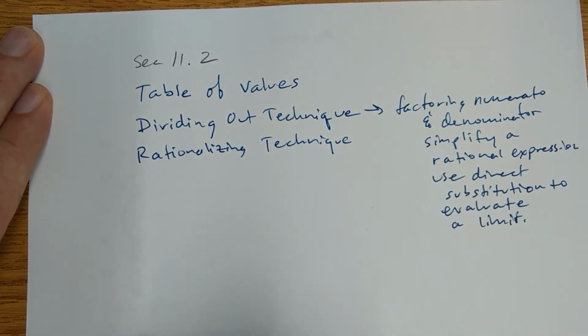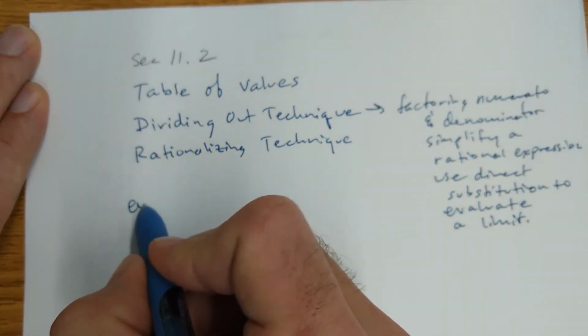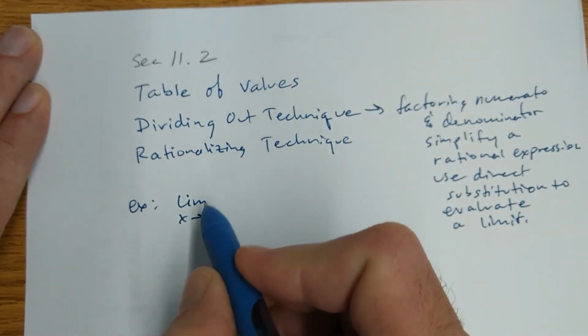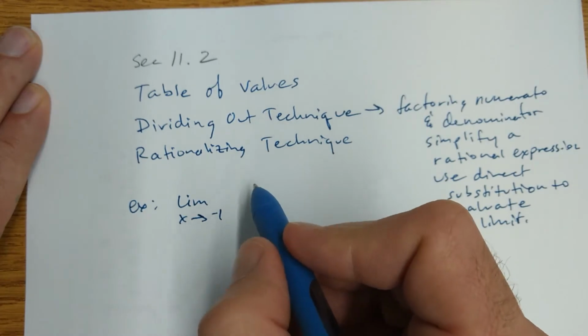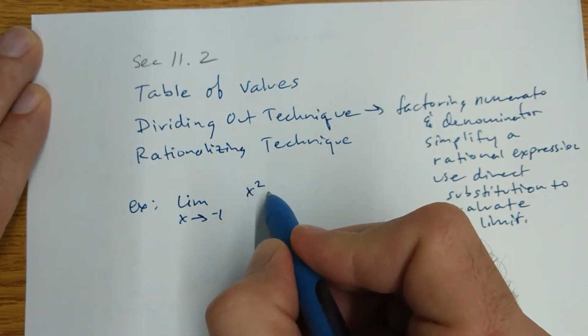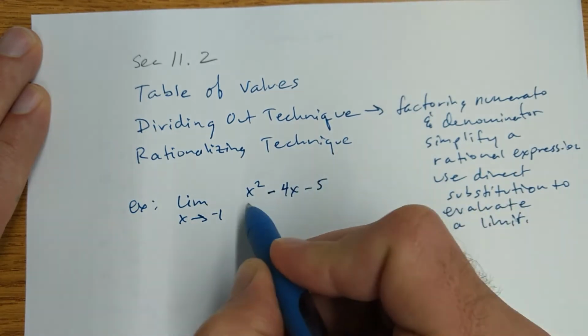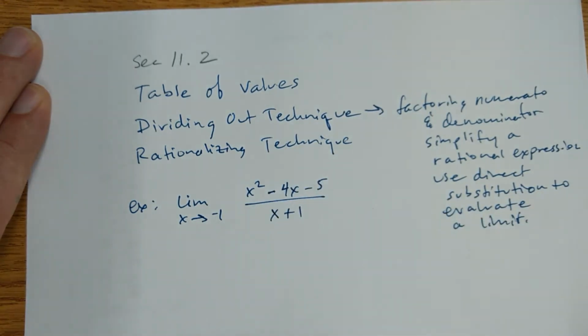Okay, so let's take a look at a problem like this. Example, we'll do the limit as x approaches -1 of x squared minus 4x minus 5 divided by x plus 1.